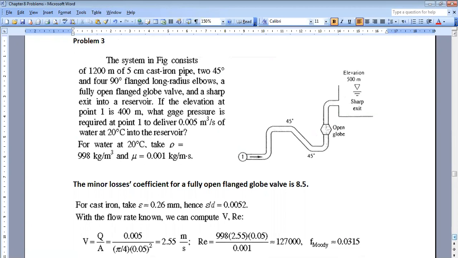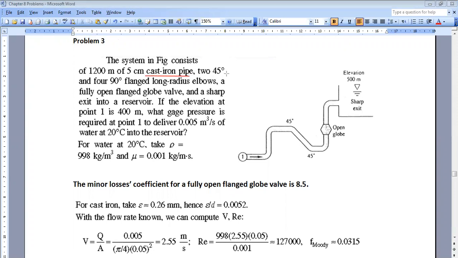So now in this system you have several fittings. The system in the figure consists of 1,200 meters of 5 centimeters cast iron pipe. So as usual, the type of the pipe gives us the epsilon. Here, because it's SI units, I will get the epsilon in millimeters and convert it to meters.